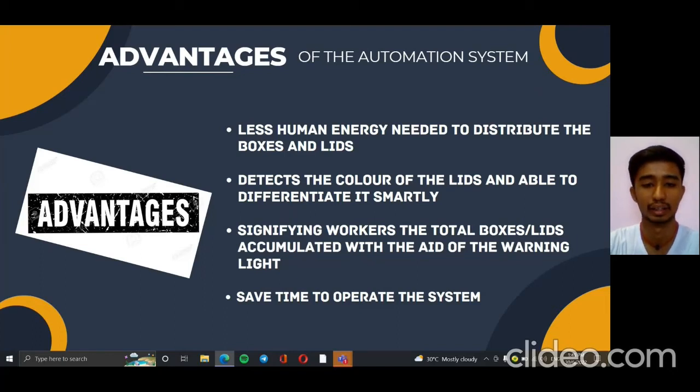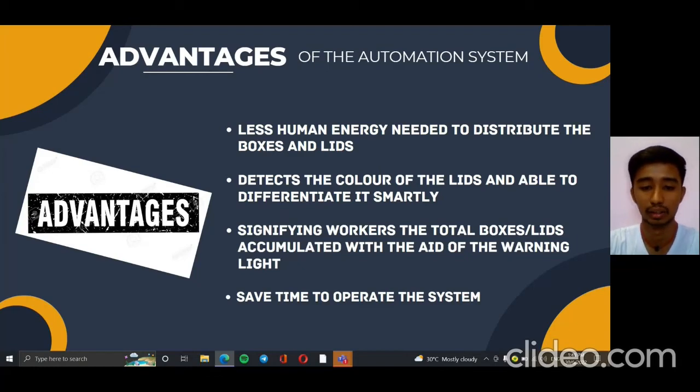Next, it can detect the color of the leads and differentiate them smartly. It will detect the color, blue and green for example, and separate them color-wise with the help of the vision sensor and the pivot arm. From there we can see the separated green and blue leads.